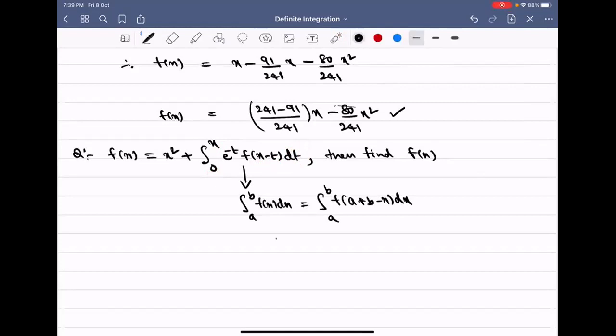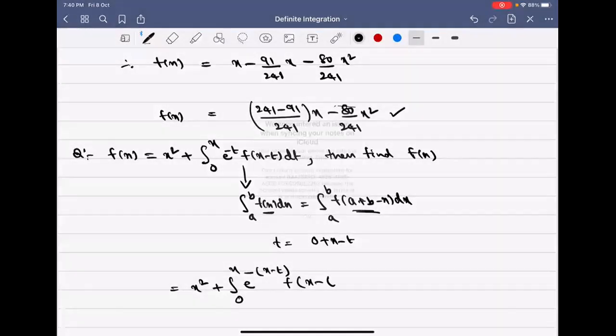Therefore, replace t with a plus b minus t, that is 0 plus x minus t. With this substitution, f of x equals x square plus the integration from 0 to x of e power minus of (x minus t) into f of x minus (x minus t) dt.